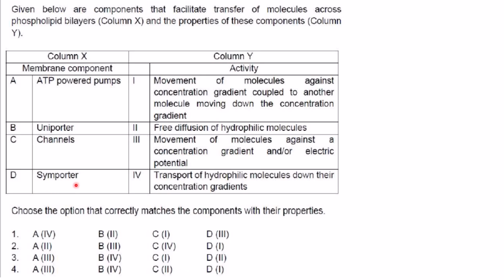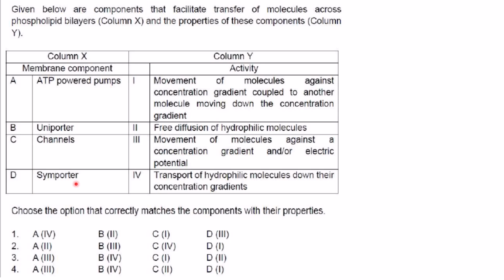Then symporter. If you take the case of sodium and glucose transport, you can see sodium moving down its concentration gradient and providing energy for the glucose to be transported into the cell against its concentration gradient.